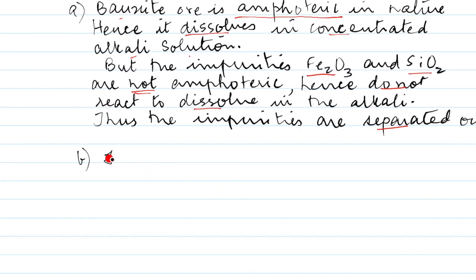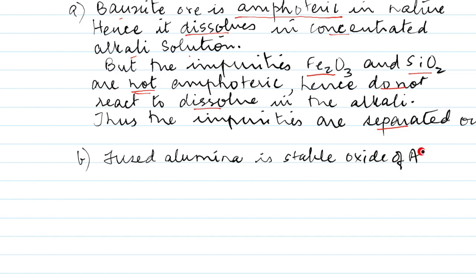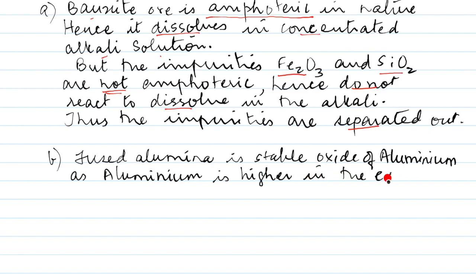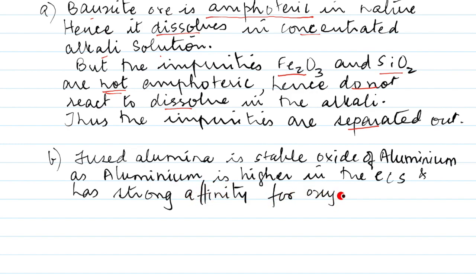Now fused alumina is a stable oxide of aluminium, as aluminium is higher in the activity series and has strong affinity for oxygen.